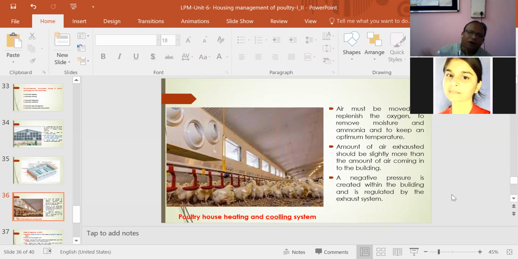For this, a negative pressure is created within the building and regulated by the exhaust fan, so that more expired air goes outside through the exhaust fan, and comparatively less fresh air, not very much less, comes from outside to inside.